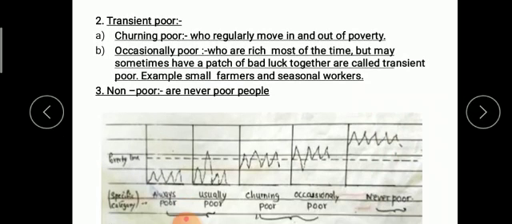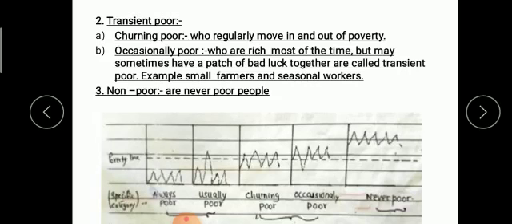Occasionally poor means who are rich most of the time, but due to some bad luck they may become poor. So churning and occasionally poor put together are called transient poor.